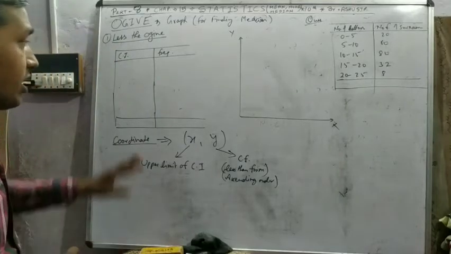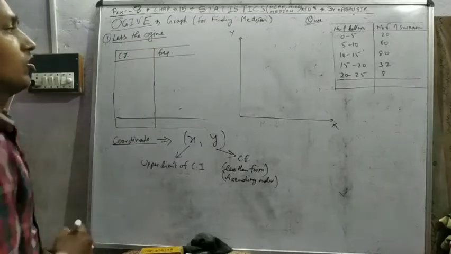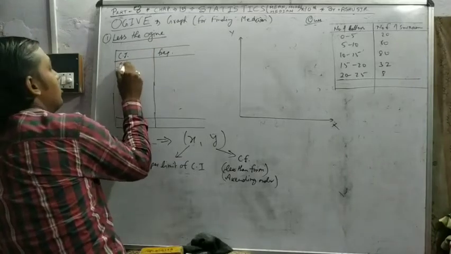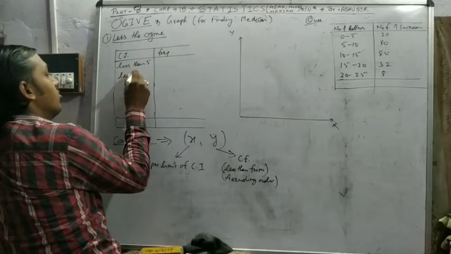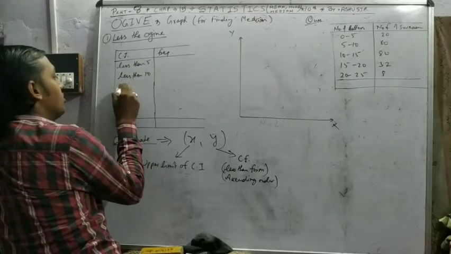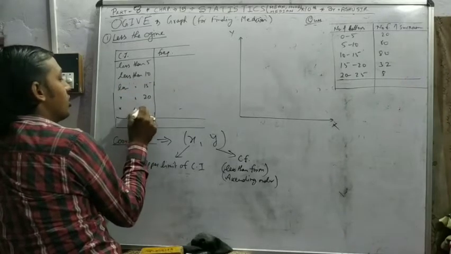So firstly we convert the data into the less than form. We write here less than 5, less than 10, less than 15, less than 20, less than 25.